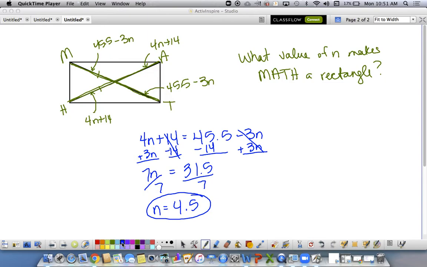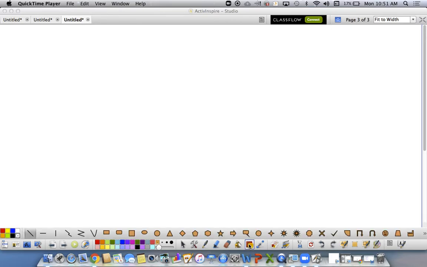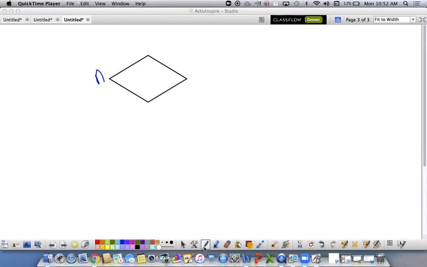All right. If I gave you another one, here we go. Let me do another one. Let me kind of change it up a little bit. I'm going to name this one A, B, C, D. And I'm going to draw the diagonals.